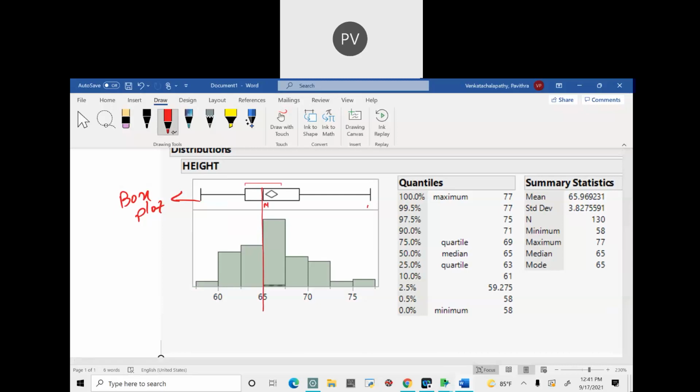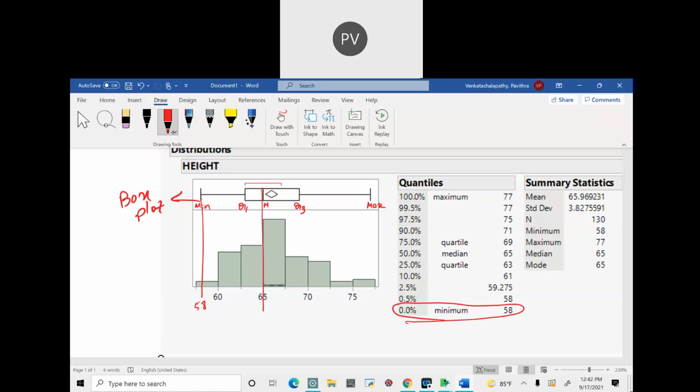This is the maximum value, minimum value, and this is your Q1, the first quartile, and this is your Q3, the third quartile, right? So what is the value of minimum? That would be here, which is 58 according to this data.